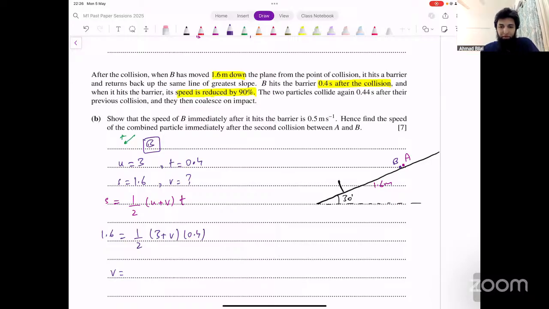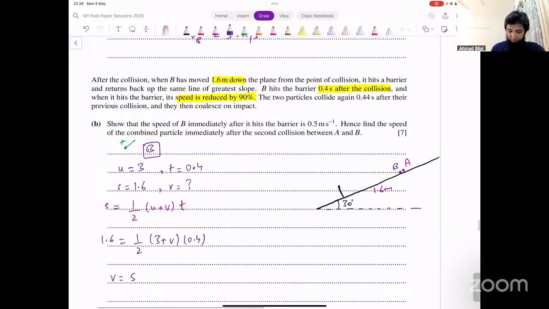What's the value of V that we get from this? Five. Okay, so it hits at 5 meters per second.